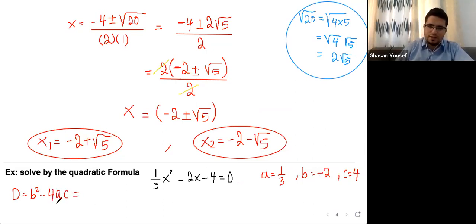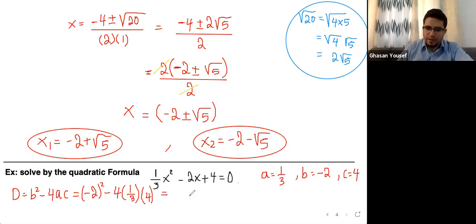Just plug this inside the formula. B squared, I get (-2) squared, minus 4 times a, where a is 1/3, times c, which is 4.